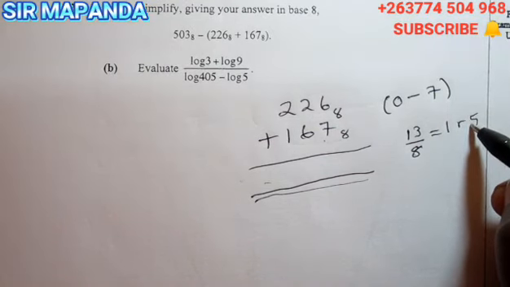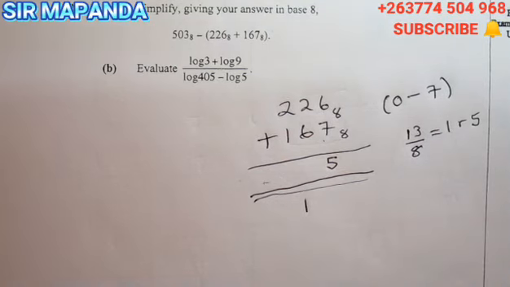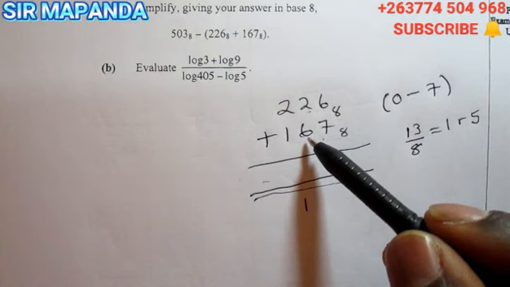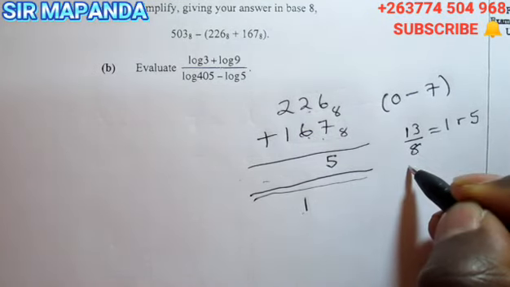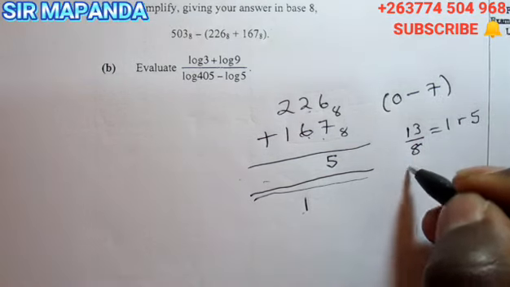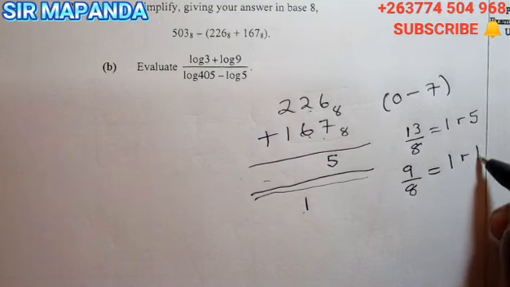I hope you are following, class. So you write the remainder, which is 5, then you carry 1. 6 plus 2, you get 8, plus 1, you get 9. 9 is above 8, so 9 is reduced by 8. 9 divided by 8, you get 1, remainder 1.